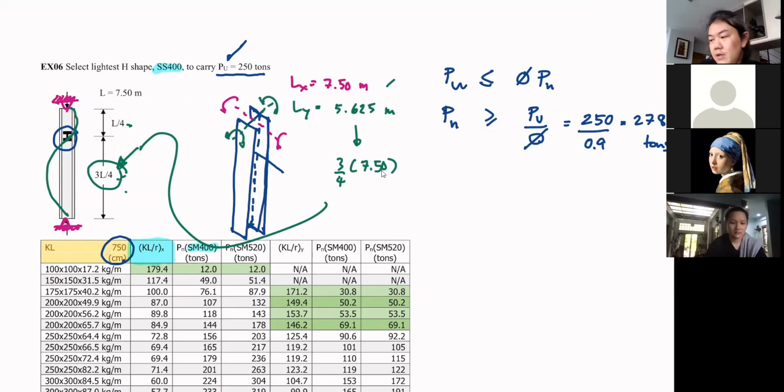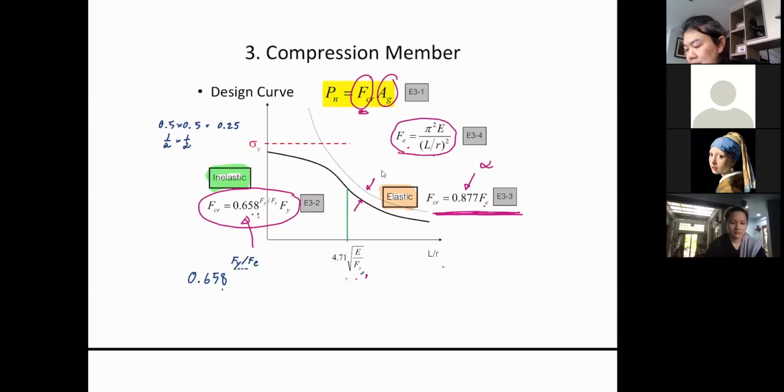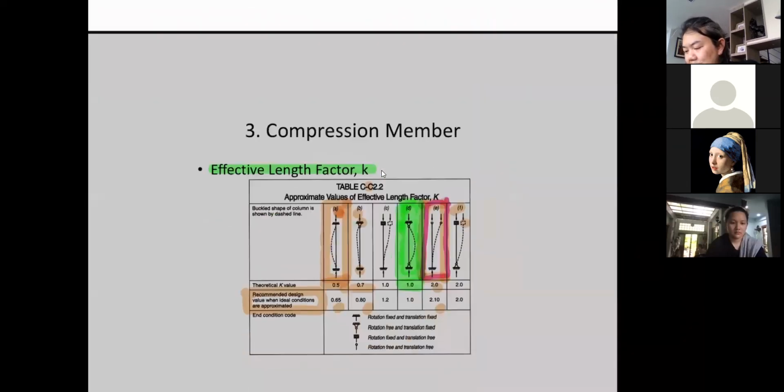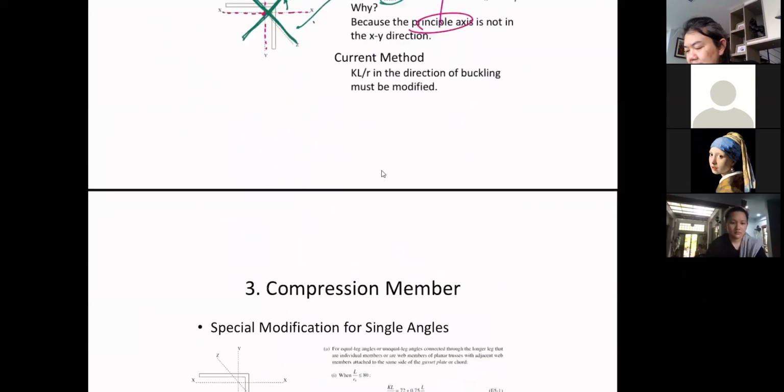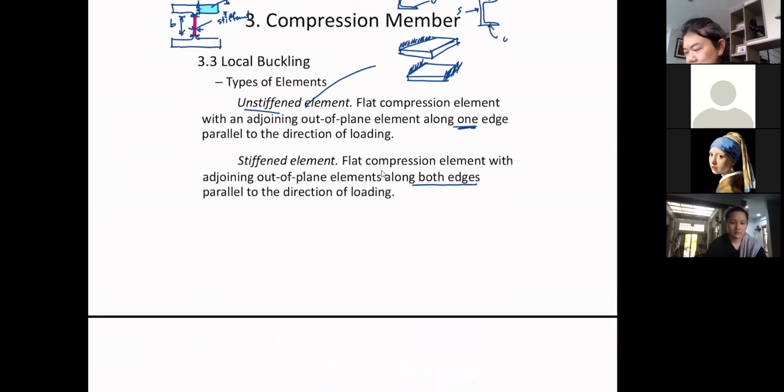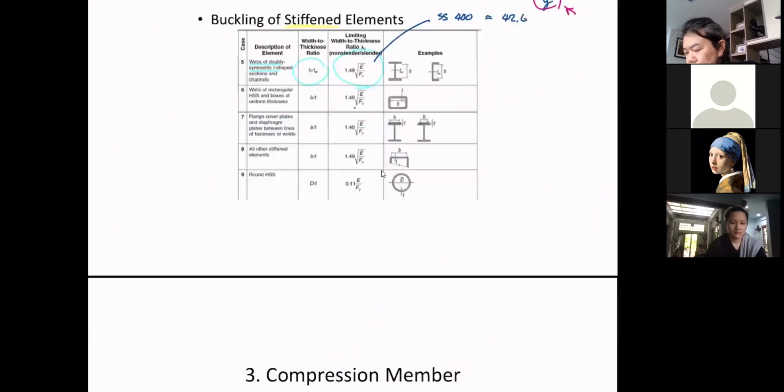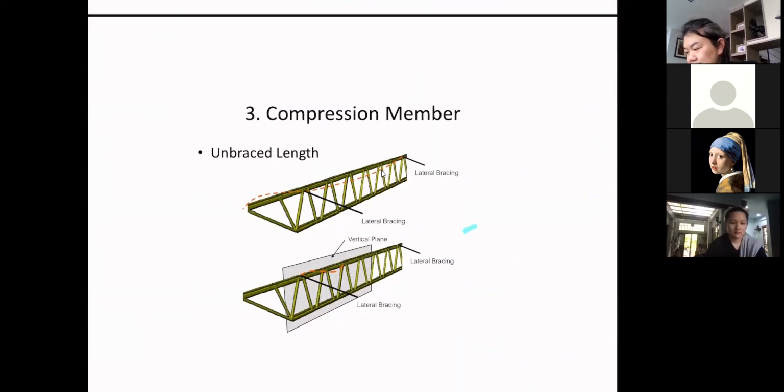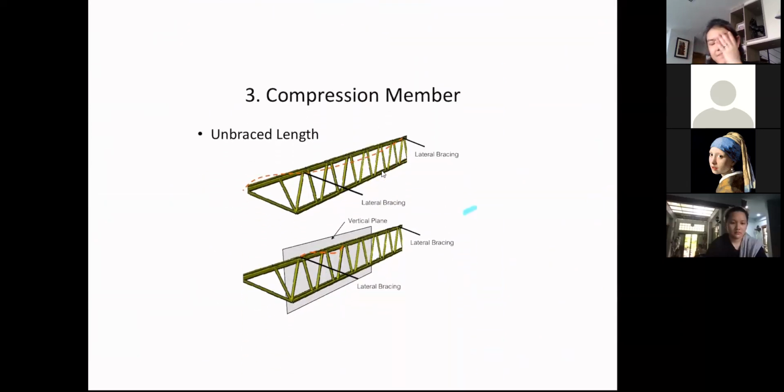Okay, so let us go back here and take a look at this then. Now you know a little bit about compression members. Let's see if you can bring that knowledge to take care of the design of the truss. Now, the truss.